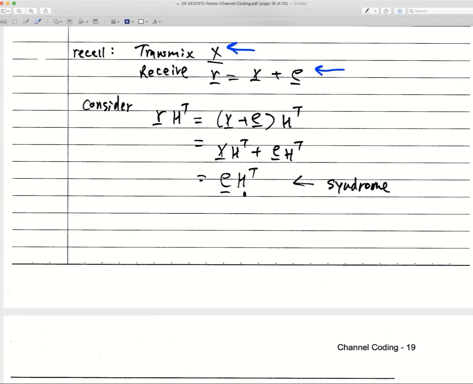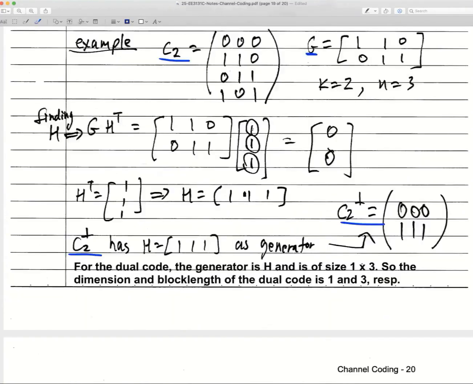Now, sometimes you might be right, sometimes you might be wrong, but the idea is that most of the time you'll be right. There's still going to be times when a different error pattern generates the same syndrome and you won't be able to detect that. Okay, all right, I think I'm going to end here.